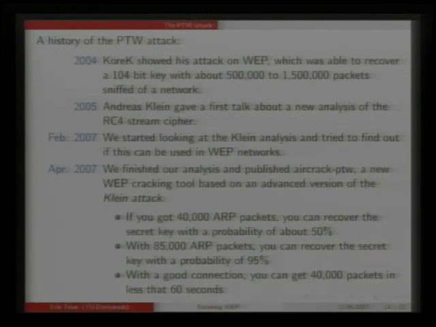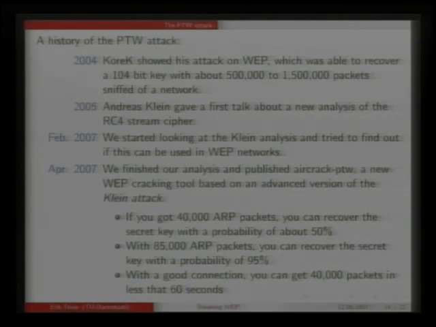So what you do in our attack is you are injecting ARP packets back into the network you have once sniffed, and then you are reading the replies, and you can discover most of the keystream of the replies because ARP requests and replies are always constant in the first 15 bytes, and therefore you can rebuild the keystreams of these packets.